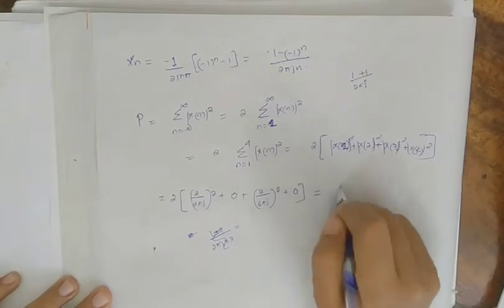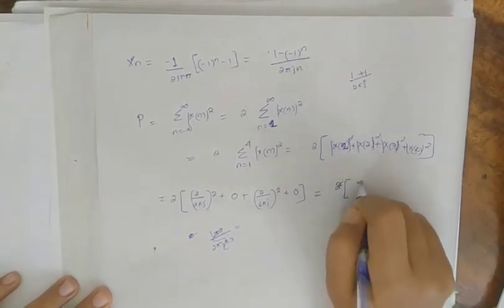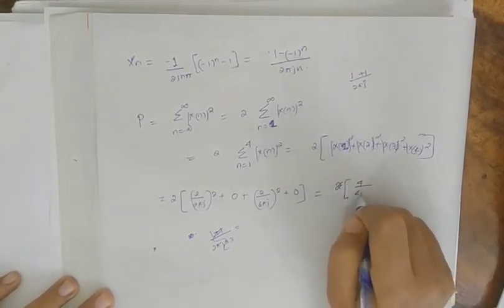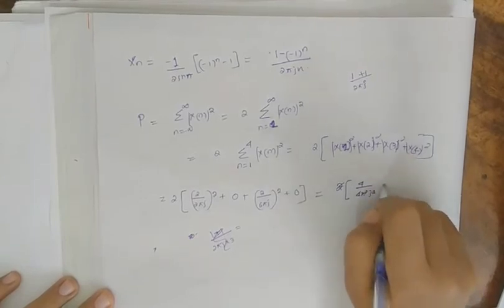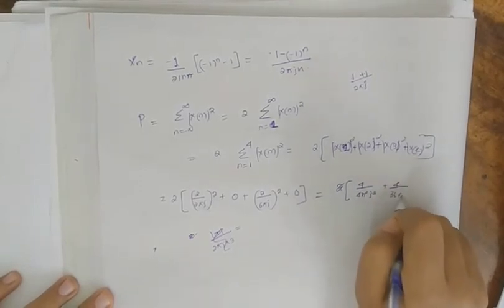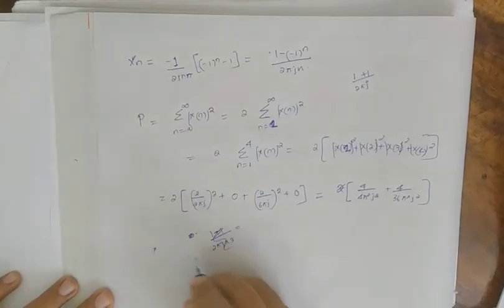So what we will get is 2 into 4 divided by 4π²j² plus 4 divided by 36π²j².